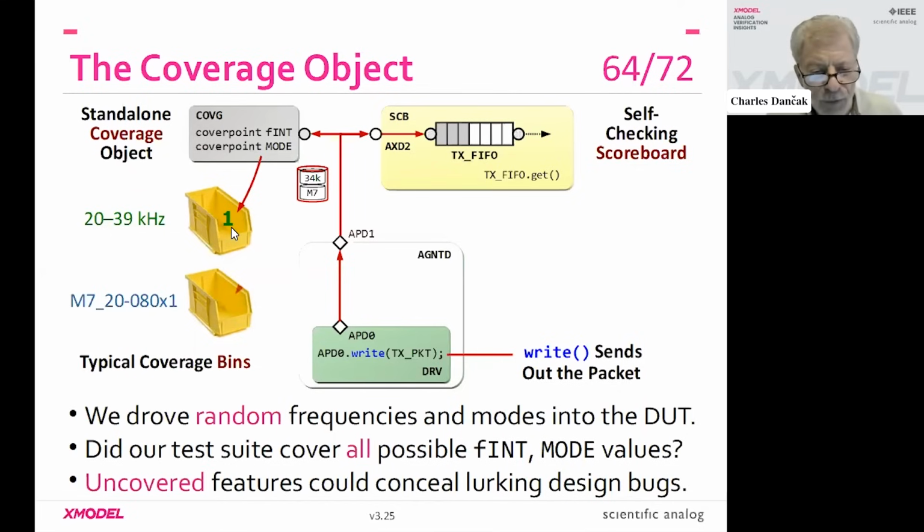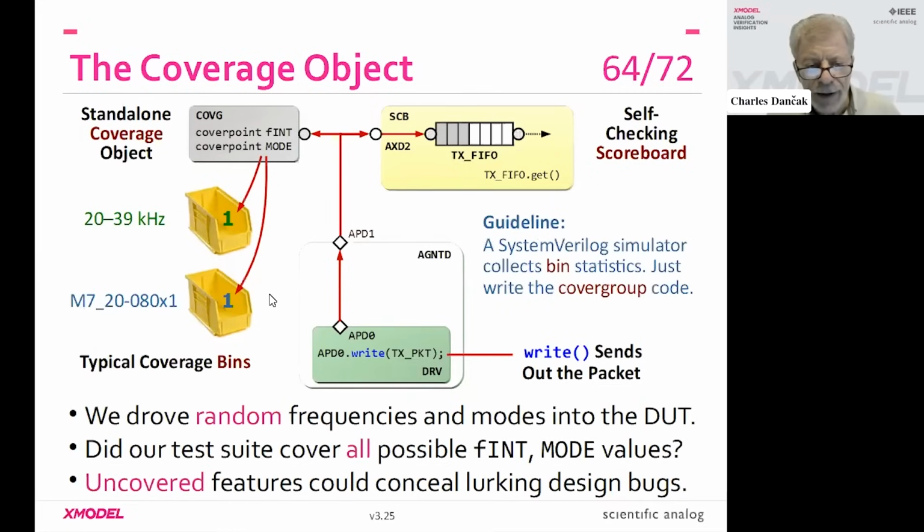It also sees mode M7, drops that into the mode M7 bin. And so we're building up statistics on whether we've covered all the frequencies and modes. All you need to do is write a cover group in your coverage object to tell the simulator to start compiling coverage statistics.